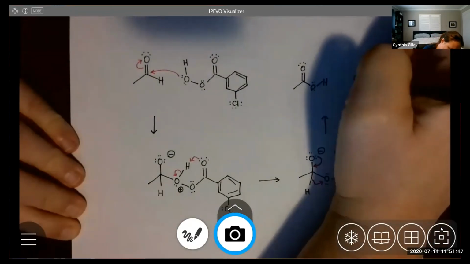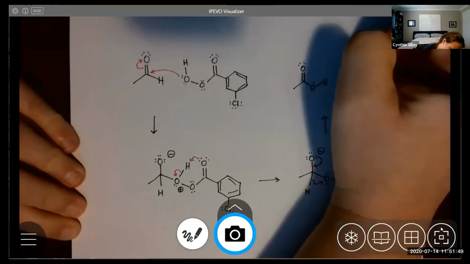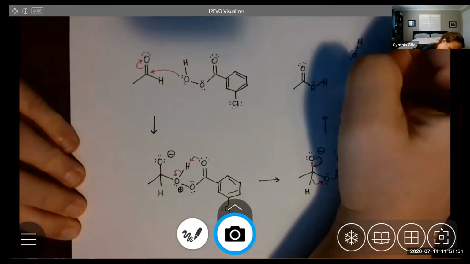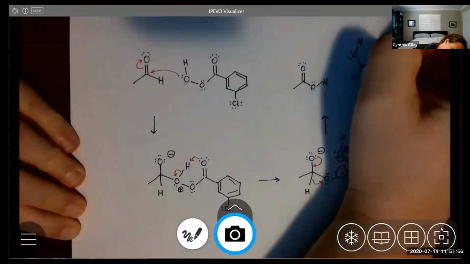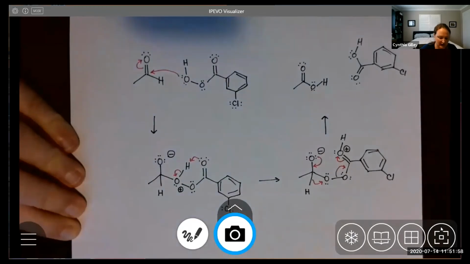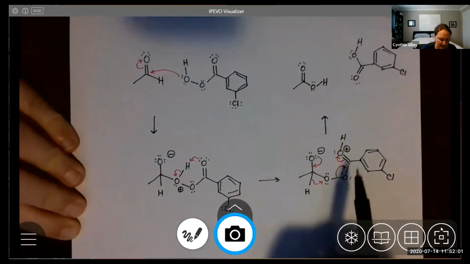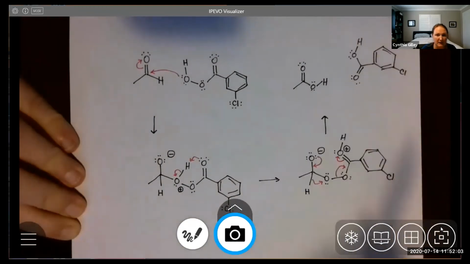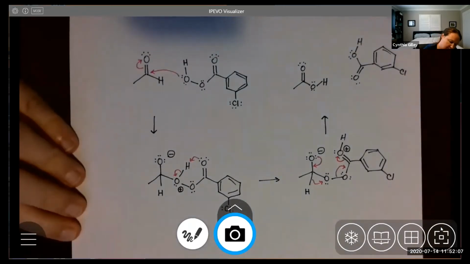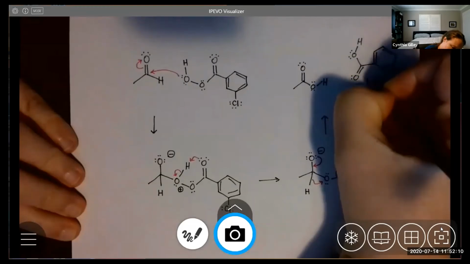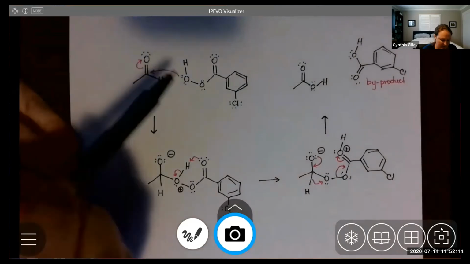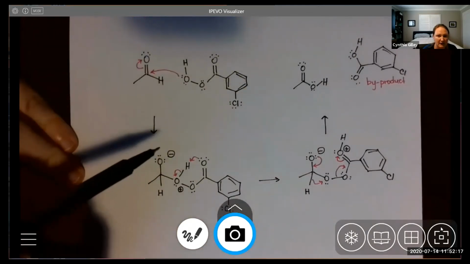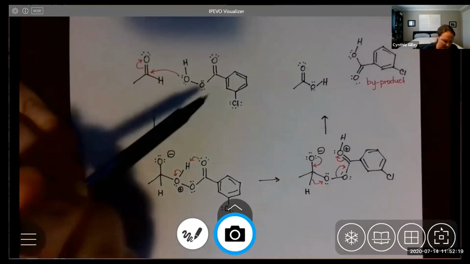So this became the carbonyl and the double bond here, and then this became a single bond OH. This is a byproduct, just like the same byproduct you would get when you use NMO with an alkene. You're only transferring the one oxygen.